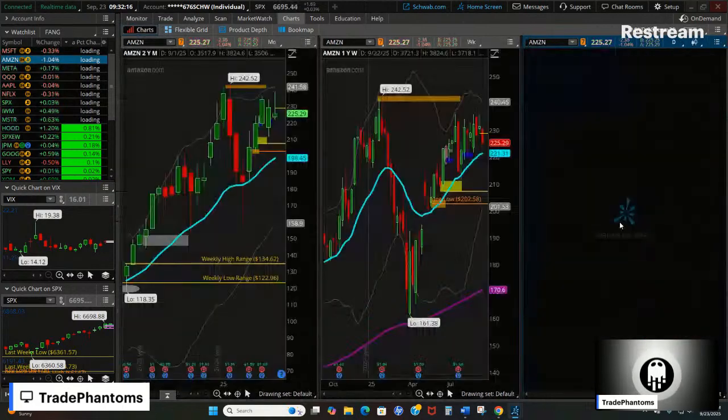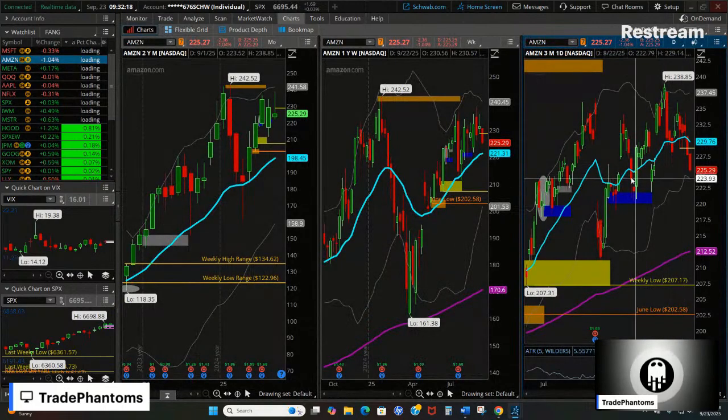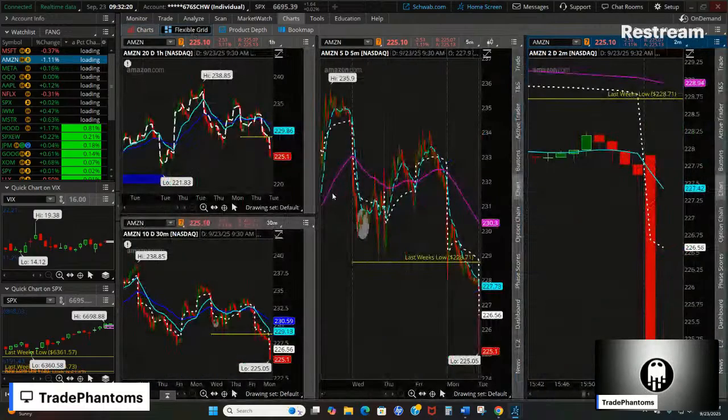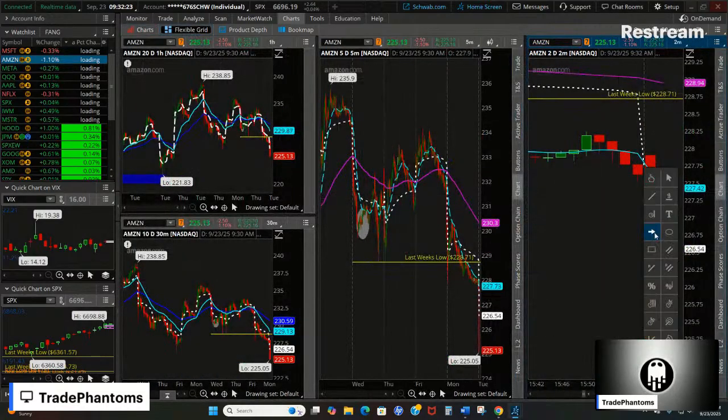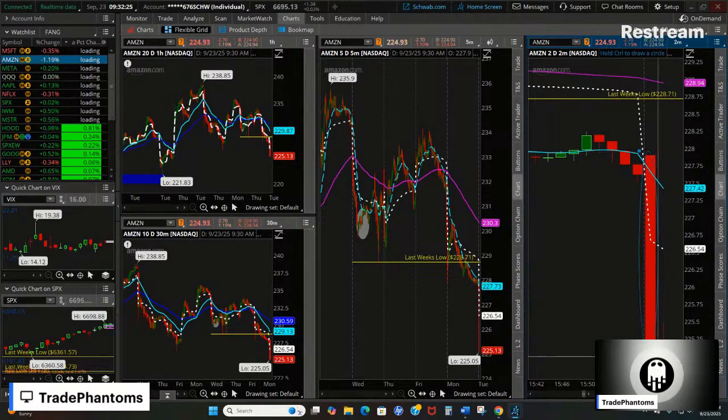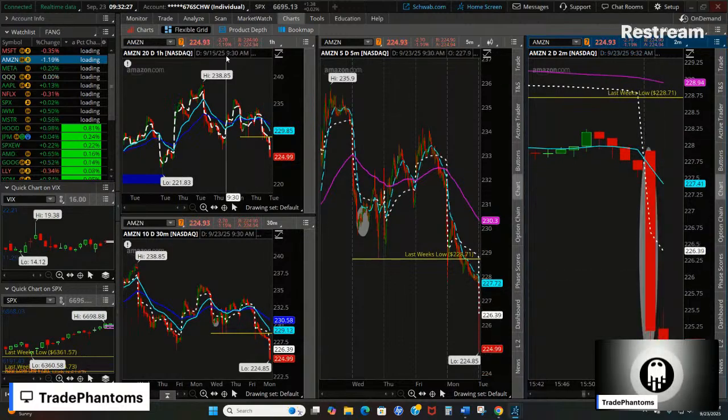So Amazon has a wide range bar lower, so you can lean against this red bar on Amazon.